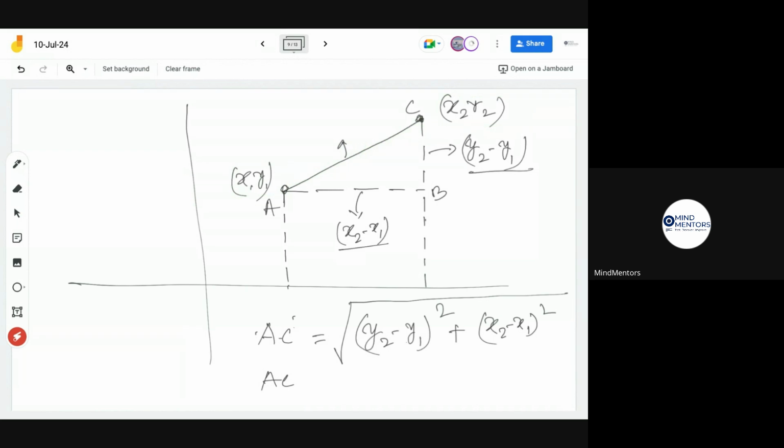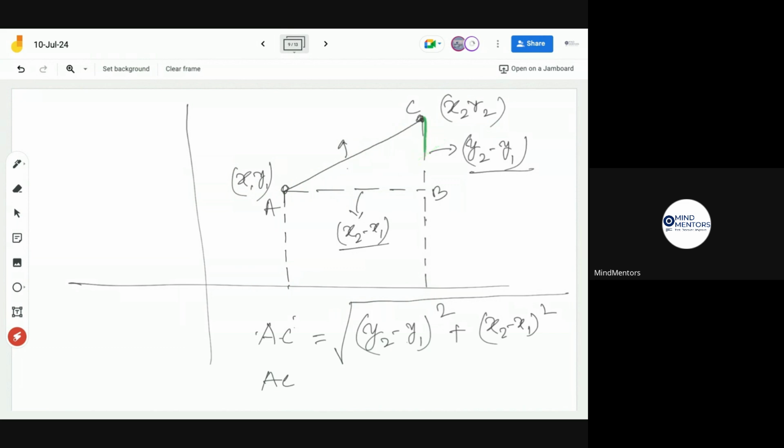So look at what we did here. We created an imaginary triangle. AB will be equal to x2 minus x1, because this distance is x2 and this distance is x1. Similarly, this part is equal to y2 minus y1.